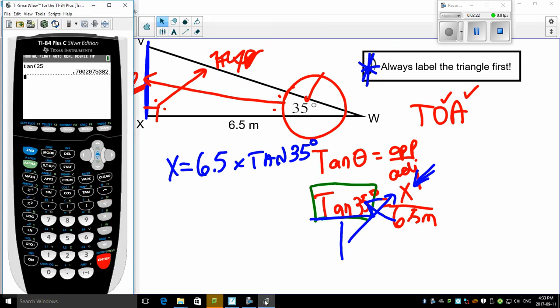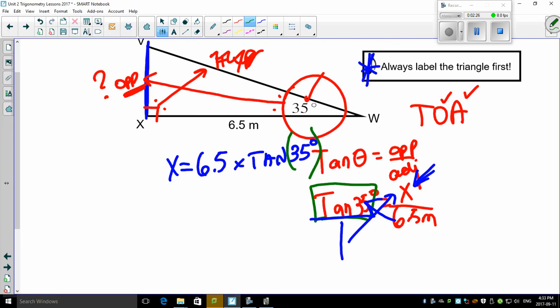Now, some important stuff you need to know. Always have brackets around this because your calculator will not interpret this as tan of 35, especially if you write the 6.5 next. What am I talking about? Check this out. What is the difference between tan of 35 times 6.5?